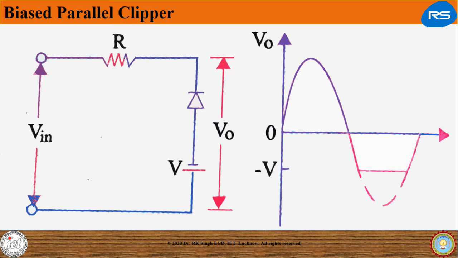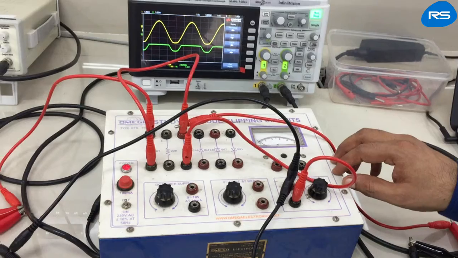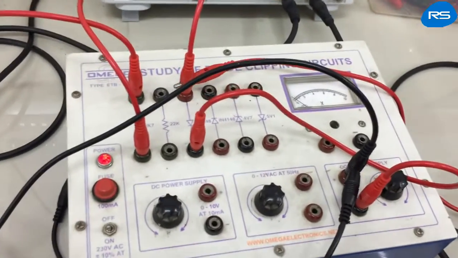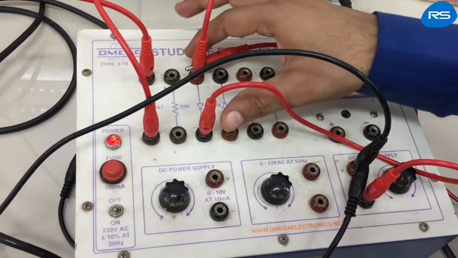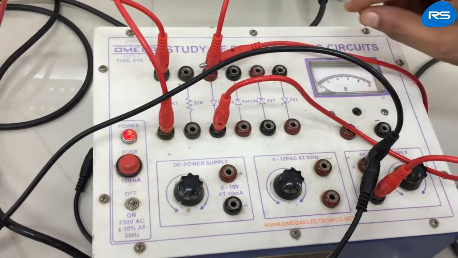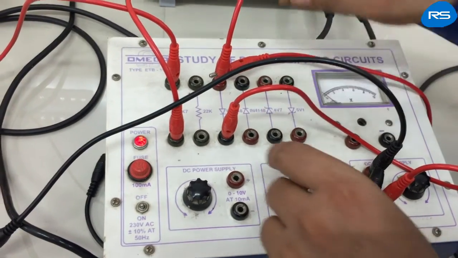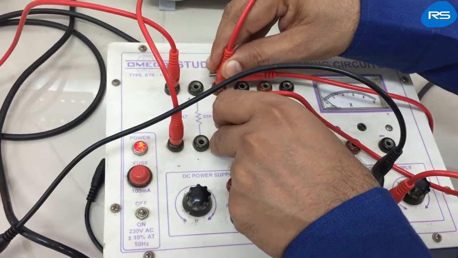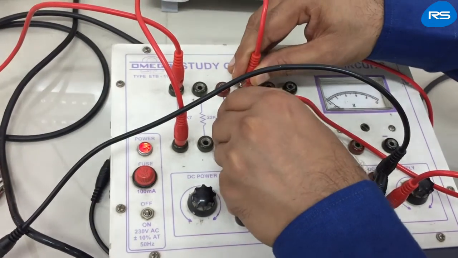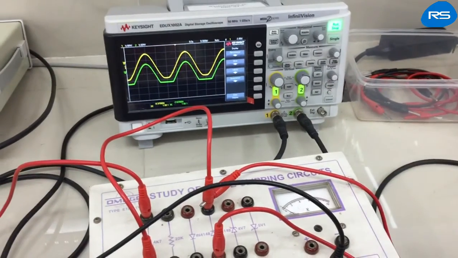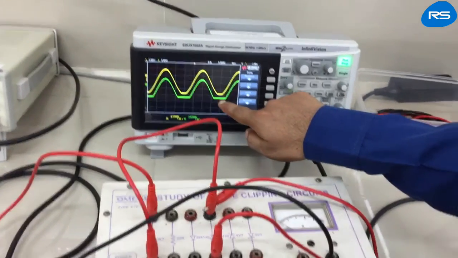So now we will make the connections as per the circuit diagram. In the earlier case, this diode was connected like this. Now we have to reverse the polarity of the diode, so we will use this diode. We will connect this diode like this. You can observe that we are getting output like this.